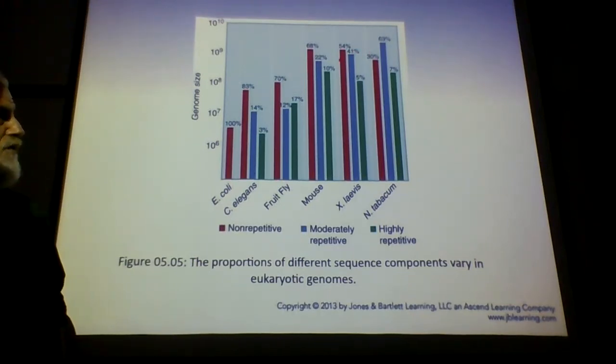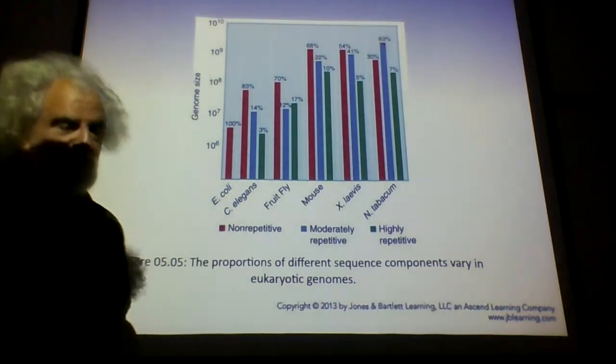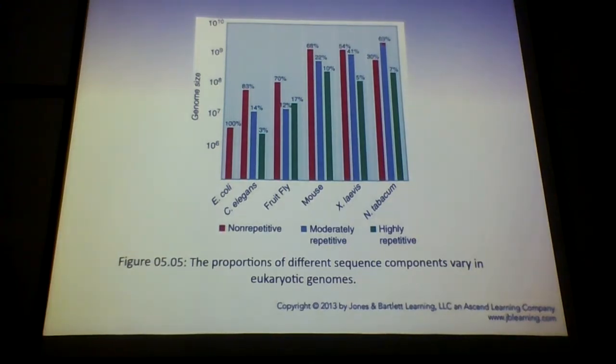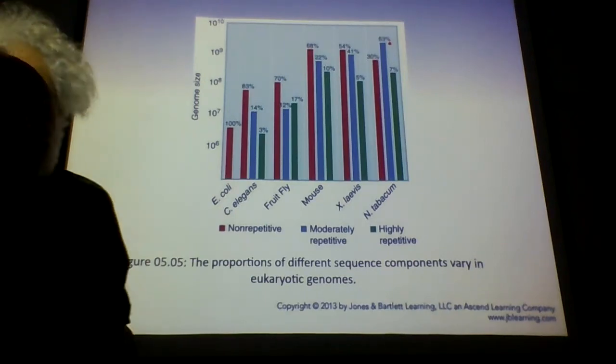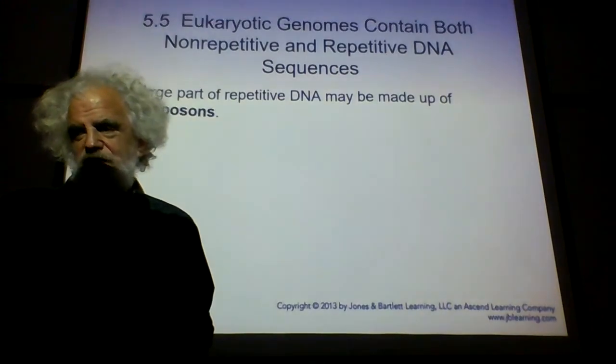They have even more moderately repetitive DNA. And then check this out. This is the plant, the basic tobacco plant, a standard dicot, and they have a larger genome size than mice or frogs, and primarily that's made up of repetitive DNA. So this is how we begin to think about genome complexities and genome sizes.